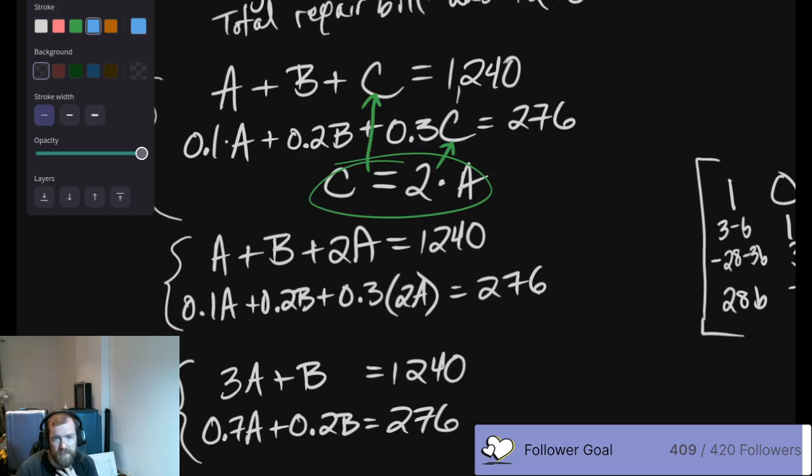So let's multiply this one by 1 and this one by 5. And we want to make sure that one of these is going to end up being negative, so that we can just add straight down when we get to it.